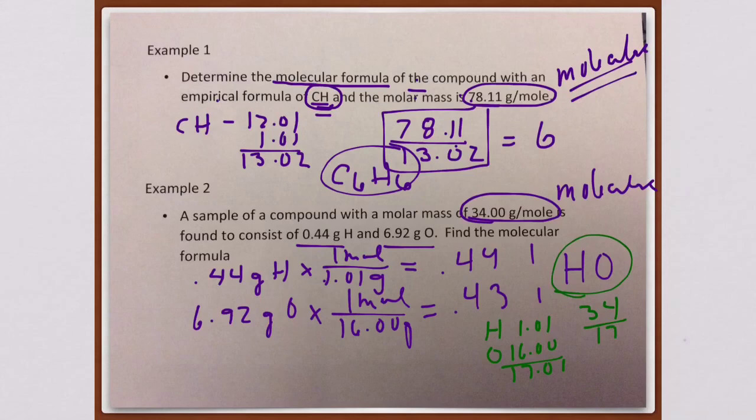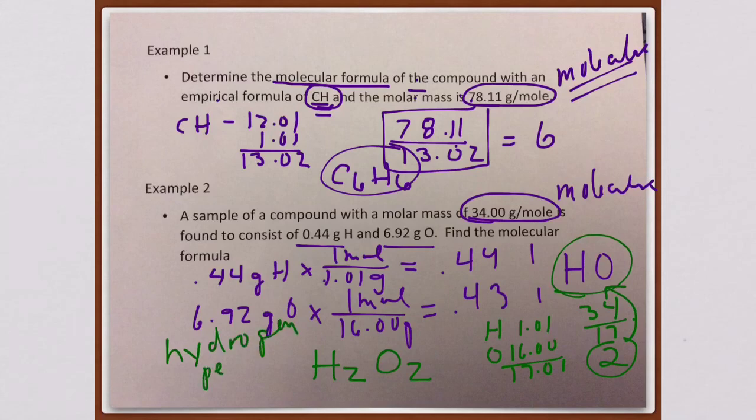Well, 34 divided by 17 is 2, right? And so that means the molecular formula is 2 times bigger than the empirical formula. So what's the molecular formula? Yeah, you got it. H2O2, which you probably remember. We've dealt with this a lot. This is what again? Hydrogen peroxide.